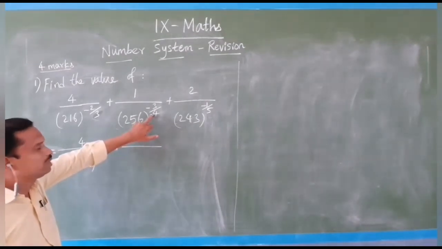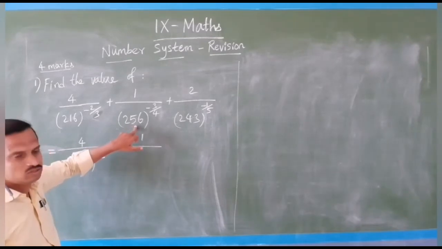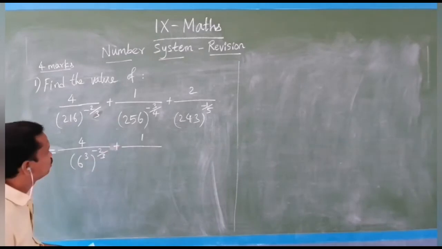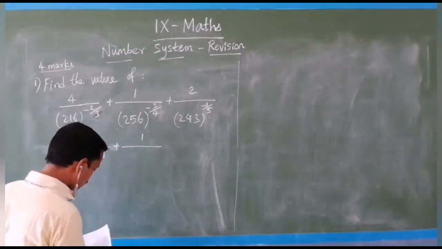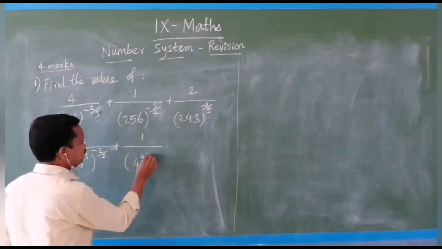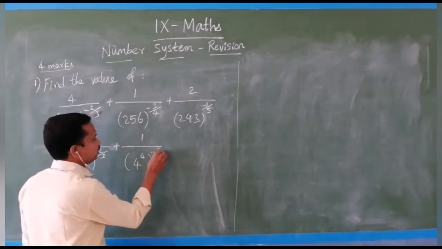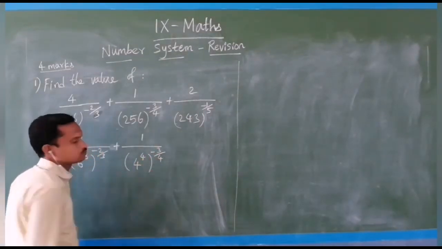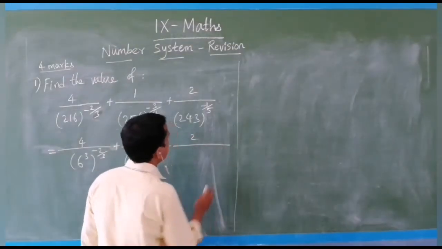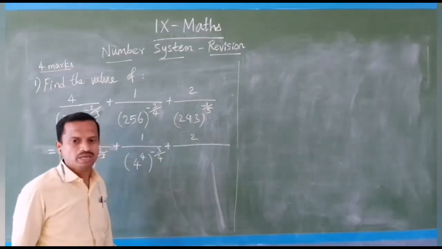So this denominator is 4. So you have to write 256 in exponent form with the exponent 4, so that is nothing but 4 to the power 4. So minus 3 by 4, and again plus 2 by 243, whose exponent is minus 1 by 5.